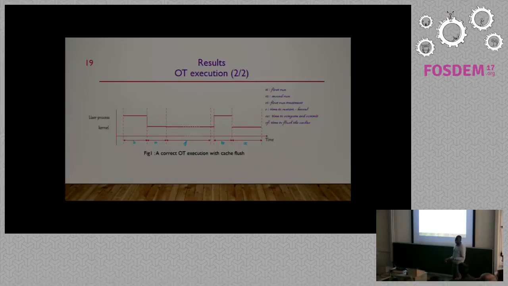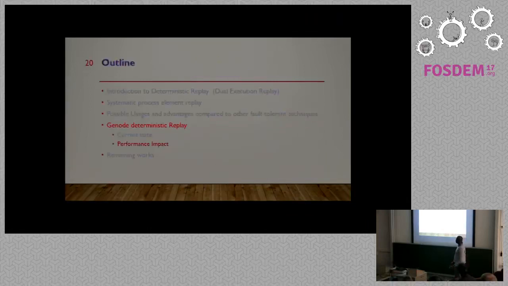And after we investigated, we found that it's essentially about the cache flushing. Our cache flushing mechanism takes a lot of time to finish. So that means that in the future work, we have to find a better way to optimize this cache flushing mechanism.